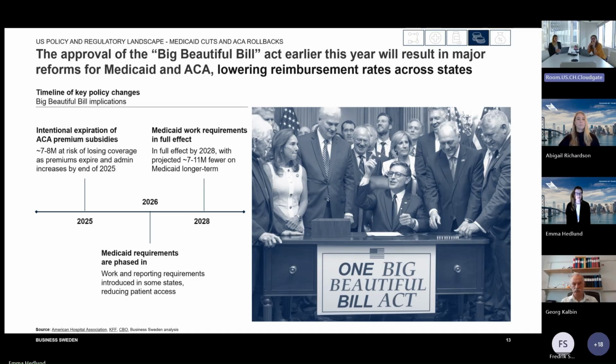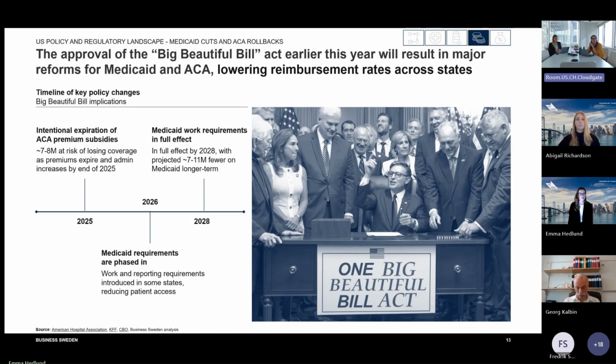So more renewal requirements and so on are likely to reduce patients' use of the programs. It's especially expected to have an effect on Americans in rural areas or with less access to technology in general, who may lose access to these programs.